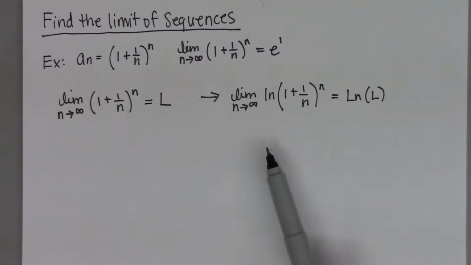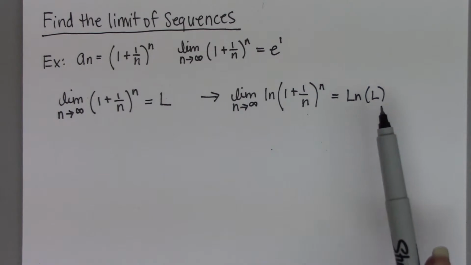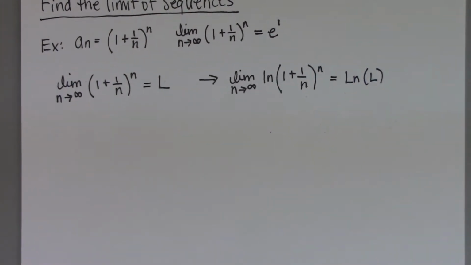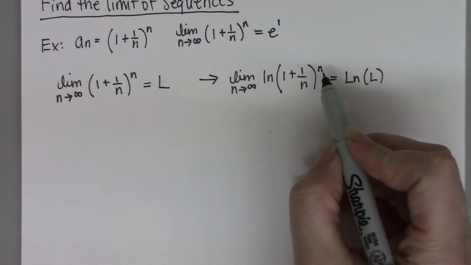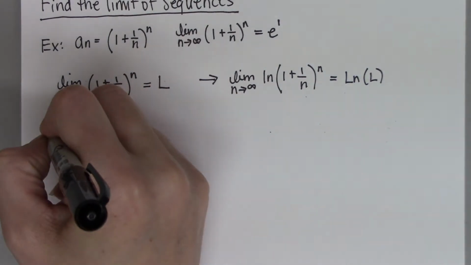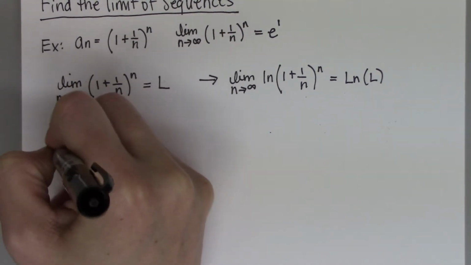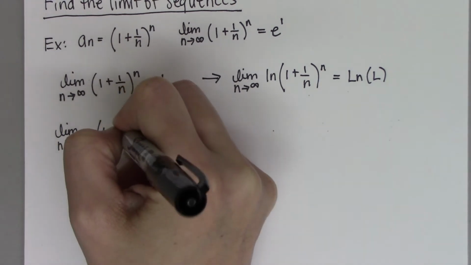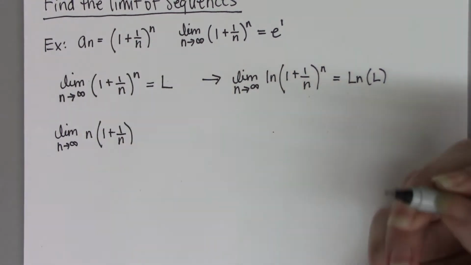Once we've got this simplified as far as we can go, we'll set it equal to this, and then we'll solve for L. So the first step in my algebra is going to be to move that n out of the exponent. That was the whole reason we did this to begin with. So I'm now going to have the limit as n goes to infinity of n times 1 plus 1 over n.